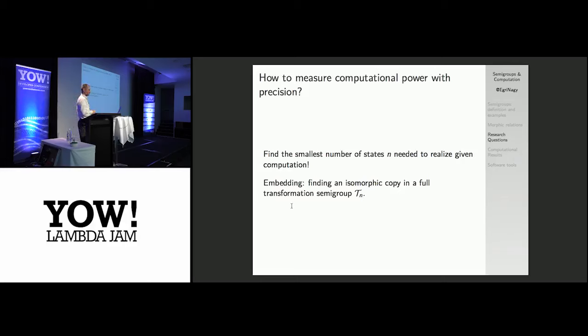If you give me a certain computation you want to do, what is the minimal number of states you need in the computer to be able to do that? That's the question of embedding into a suitable transformation semigroup, the full transformation semigroup on n points. So finding the minimal n.